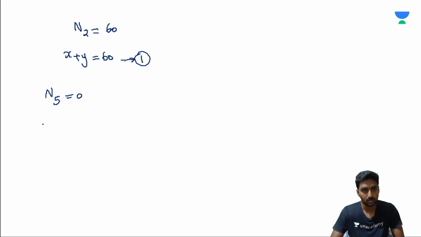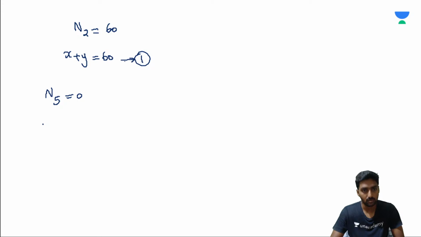Now solve equation 1 and 2. Equation 1 plus 2: x plus y is equal to 60, and minus x plus 5y is equal to 0. If you cancel it, 6y is equal to 60.